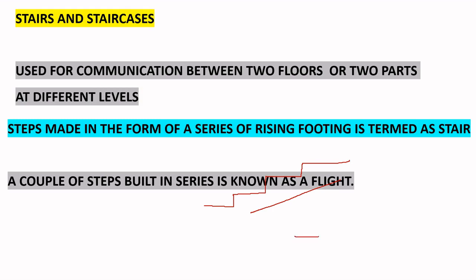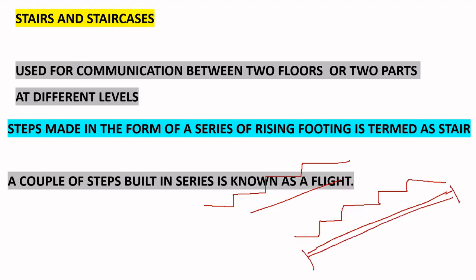So when you have many steps spanning in one direction, from the bottom to the top, all these steps are spanning in one direction. This portion is called a flight, a flight of steps.